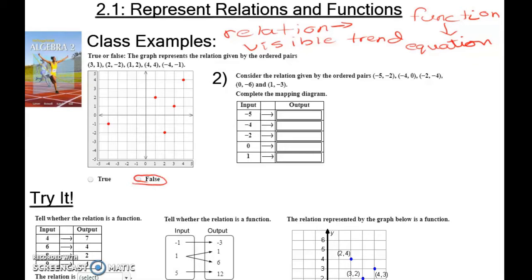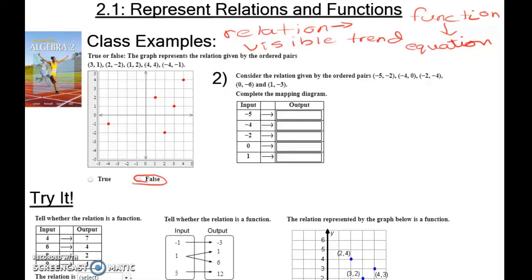Alright, now let's do number 2. Consider the relation given by the ordered pairs -5, -2, -4, 0, -2, -4, 0, -6, and so on.